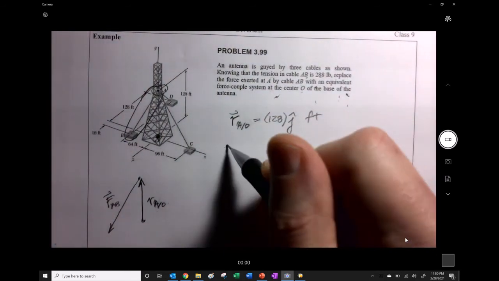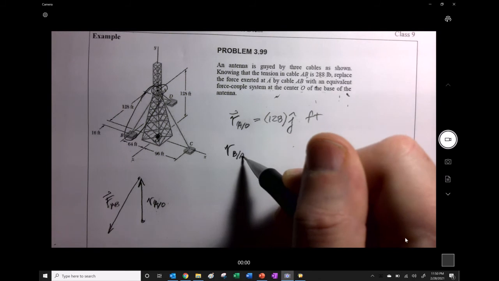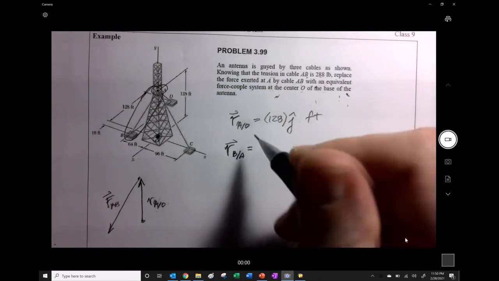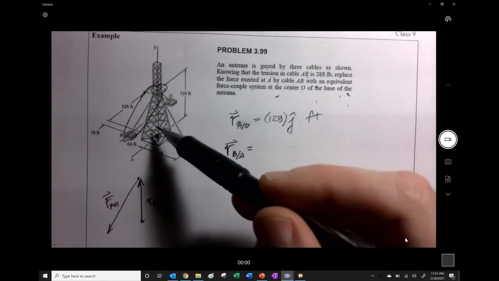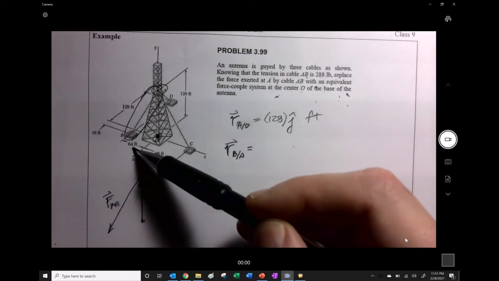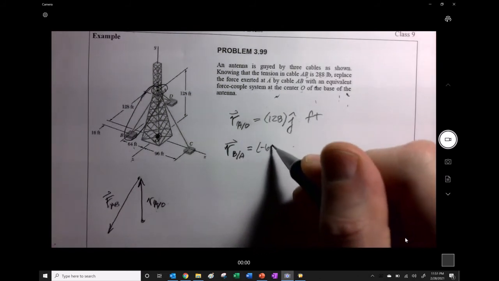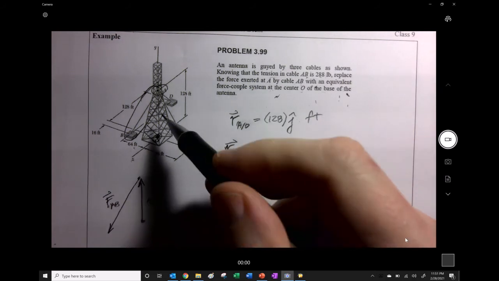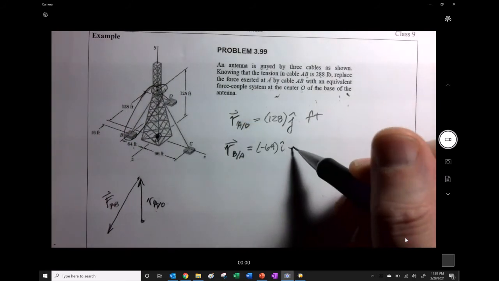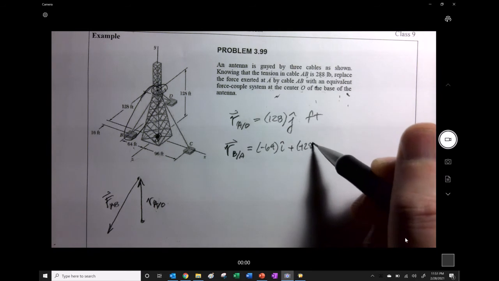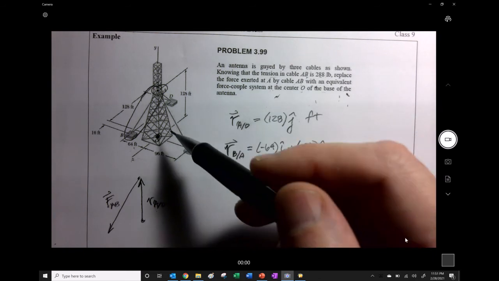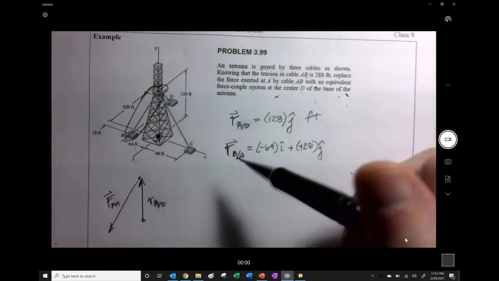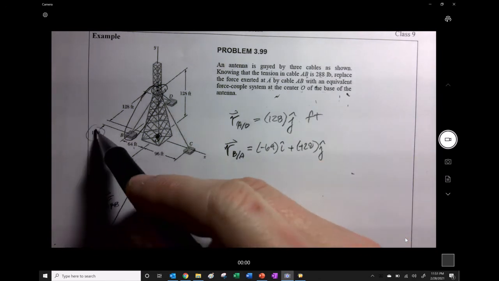So I want to get B with respect to A. That's going to be in the negative X direction by 64 feet, and negative 128 feet because it's going down to the ground. And then in the Z direction, it looks like it's going positive, and it's only going to be 16 feet.